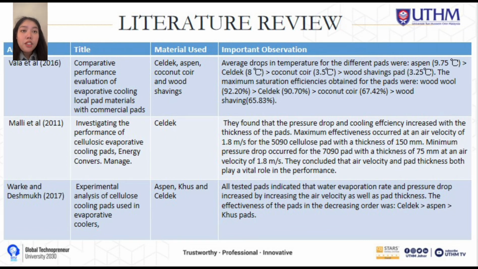The important observation I found in this research is the average drop in temperature for the different pads: Aspen is 9.75 degrees Celsius larger than standard, and then coconut coir 3.5 Celsius, and lastly the wood shaving pad, which is 3.25 Celsius.